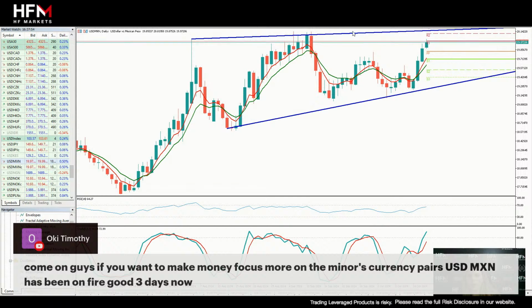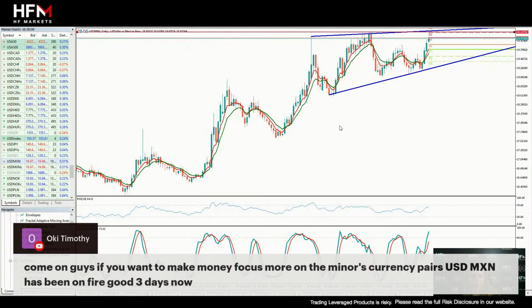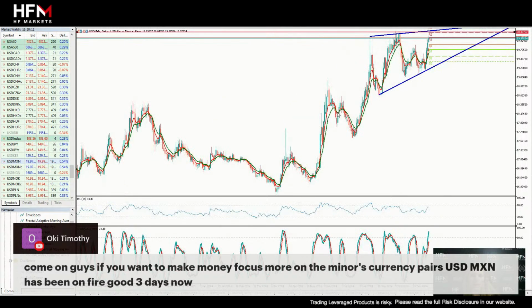Next resistance is basically back to September's highs, which is the 2013 level. But momentum is quite nice, quite strong. It looks like a flag. One, two, three.